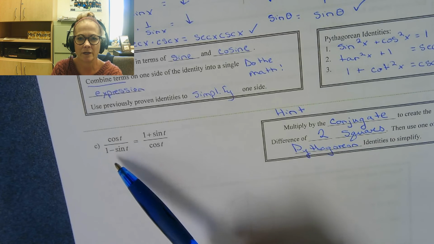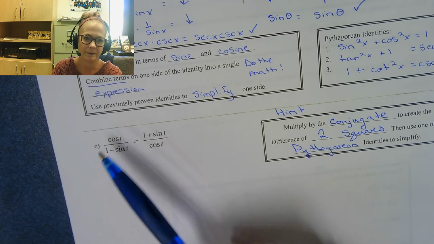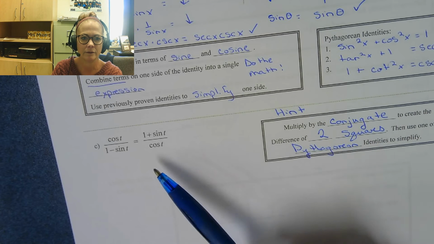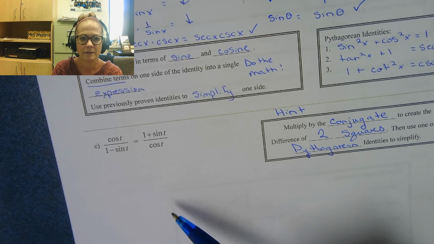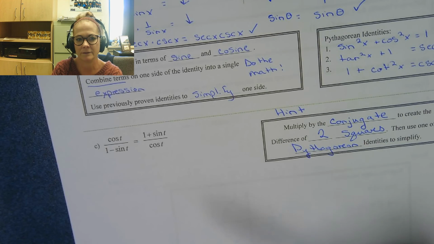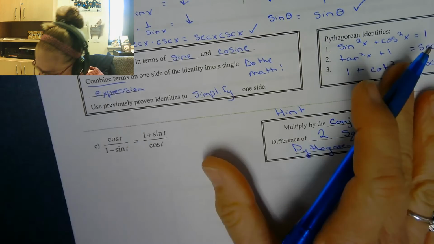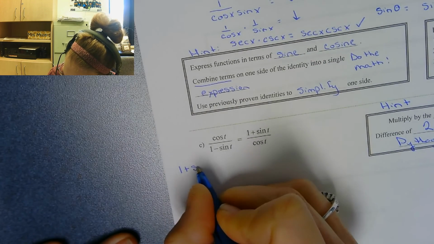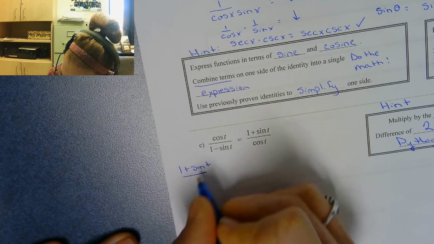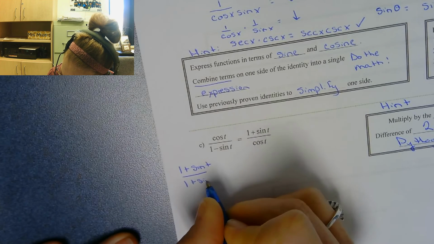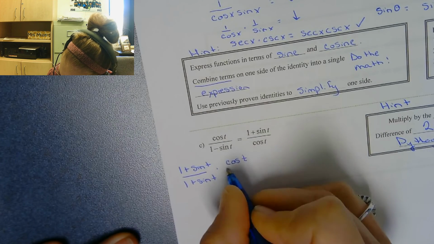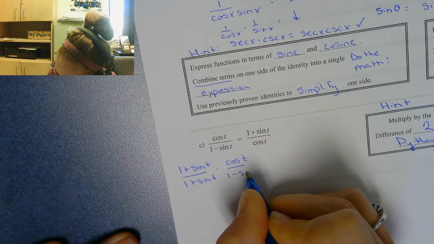Usually we talk about it with a plus bi and a minus bi, but you can use that same vocabulary here: x plus 2, x minus 2, 1 minus sine t, 1 plus sine t. So let's multiply this side by the conjugate. So again, I'm just multiplying by some form of 1, which is allowed because 1 does not affect multiplication. It's the multiplicative identity.